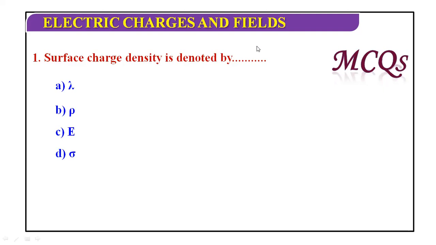Priya: Sir, alpha. Surface charge is sigma, this is lambda, this is rho, this is for linear charge, this is for volume. So for surface it is sigma, so option D. Sir, sigma. Sigma, yes, sigma.